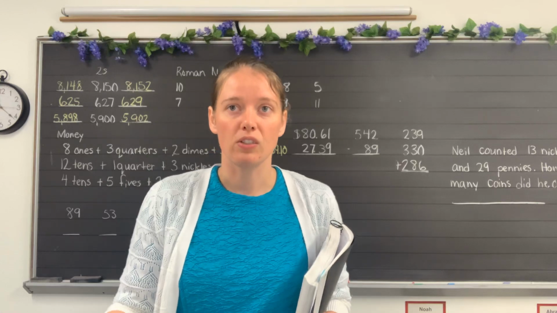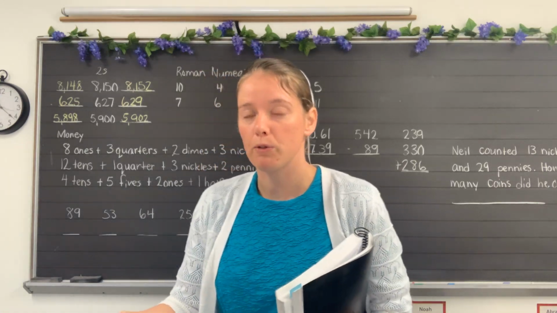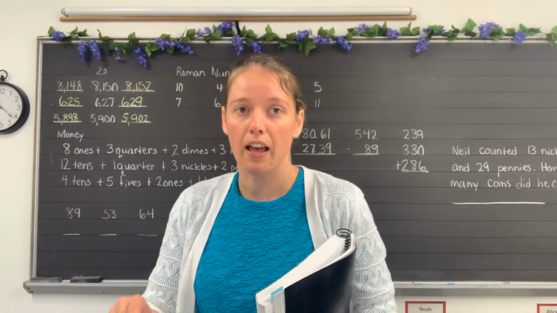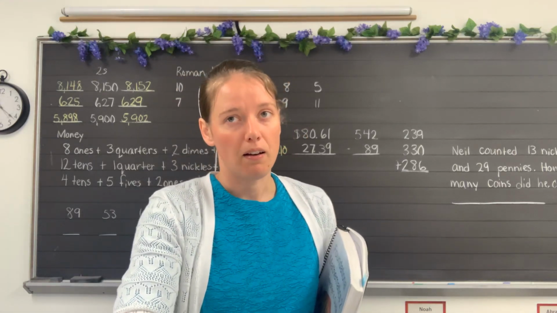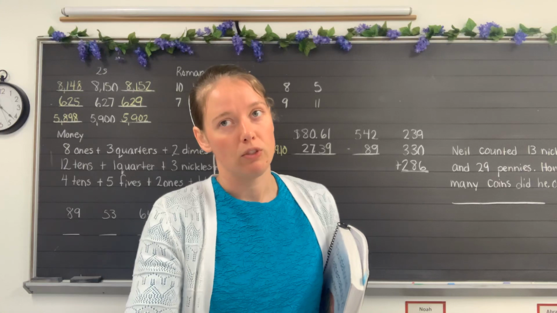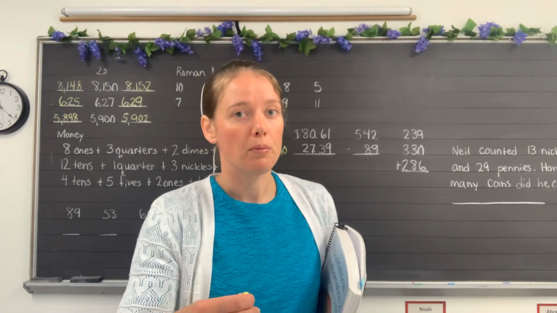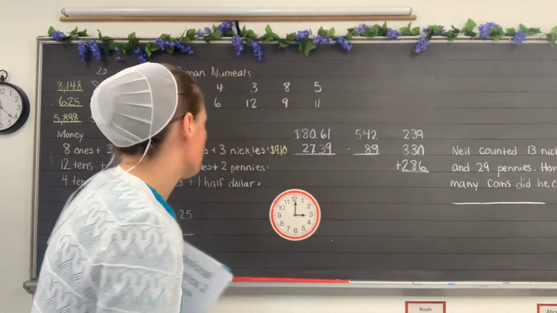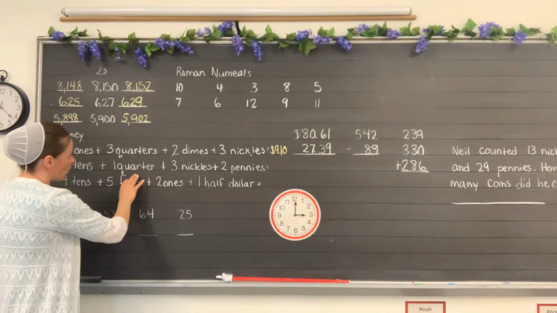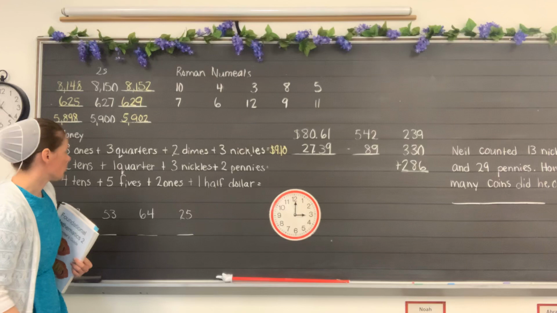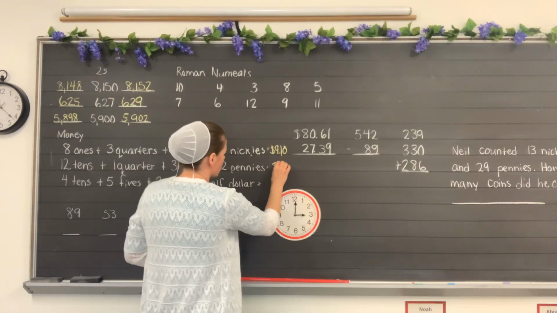So 12 tens, you just keep going by tens up. 11 would be $110, 12 would be $120. So you have $120 and then plus 1 quarter. So just keep $120. Maybe we should write it down here so we don't forget.